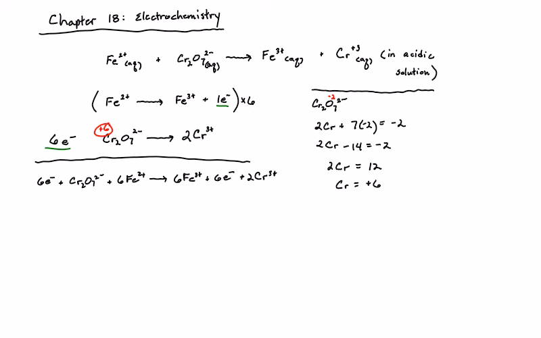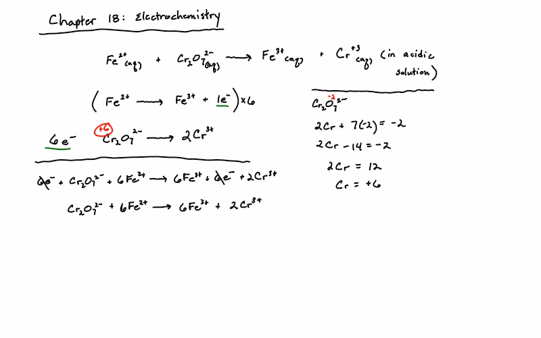Okay, we can see here that our electrons cancel out. We're left with a dichromate plus 6 iron 2s, yielding 6 iron 3s plus 2 chromium 3s. Okay, we can see here that most of the atoms balance out at this point, except for the oxygens.